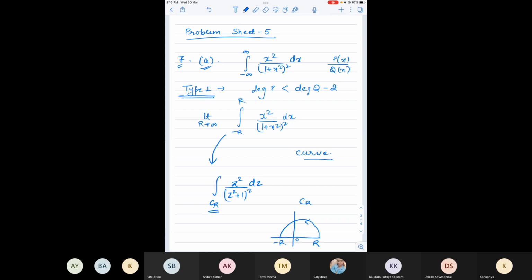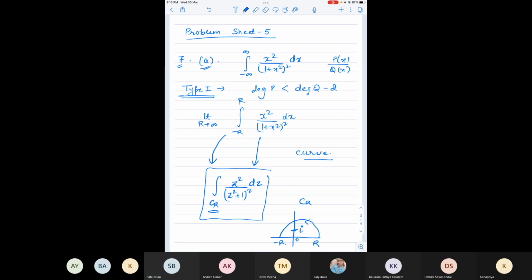So which singularity will lie in this semicircle? How do we calculate this integral? Now this integral will be equal to this one. Which singularity of this function lies in this semicircle? Iota.